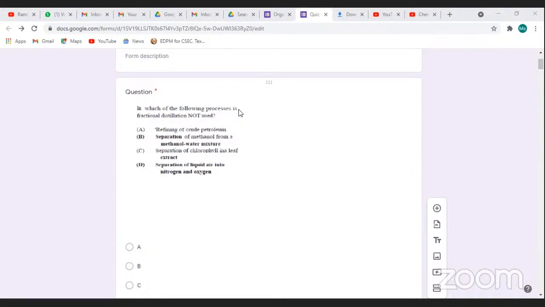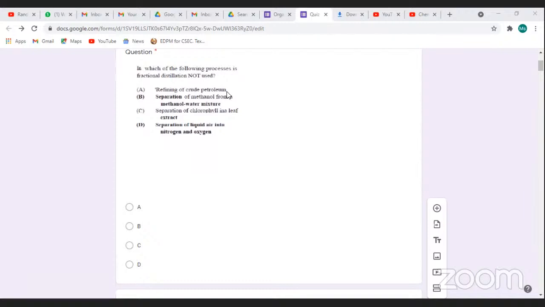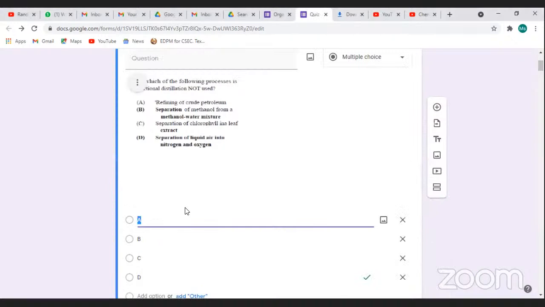In which of the following processes is fractional distillation not used? Refining of crude petroleum, separation of methanol from a methanol-water mixture, separation of chlorophyll in a leaf extract, or separation of liquid air into nitrogen and oxygen? The answer is separation of liquid air into nitrogen and oxygen.